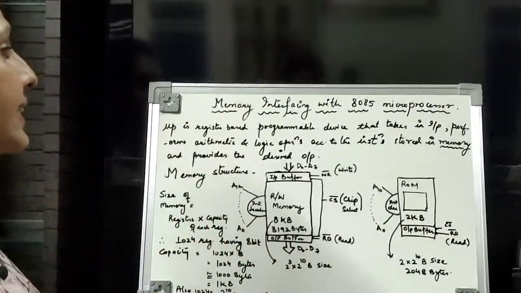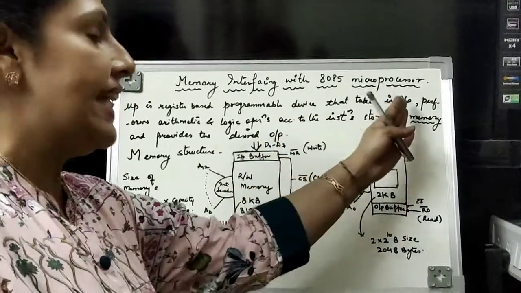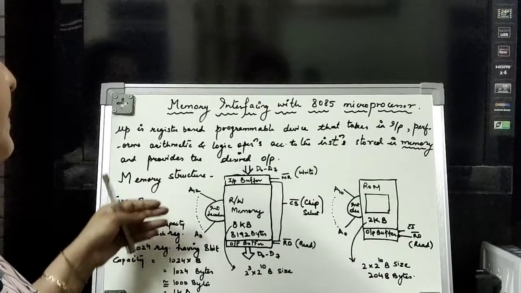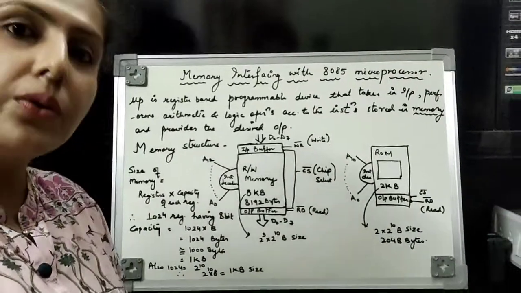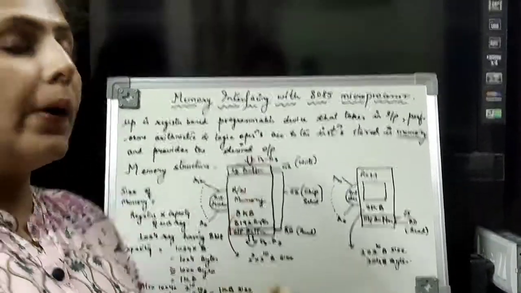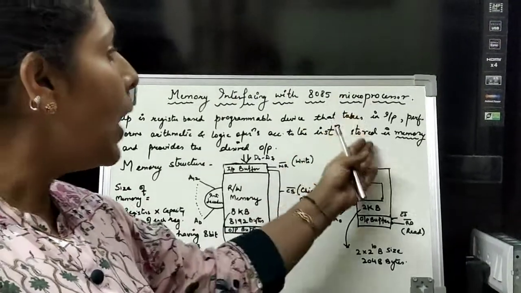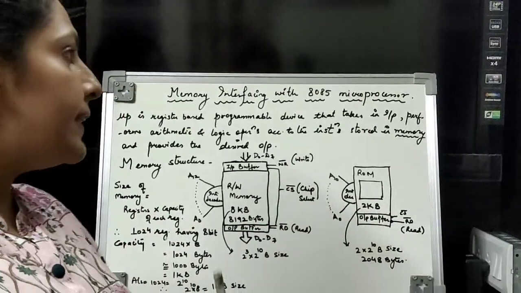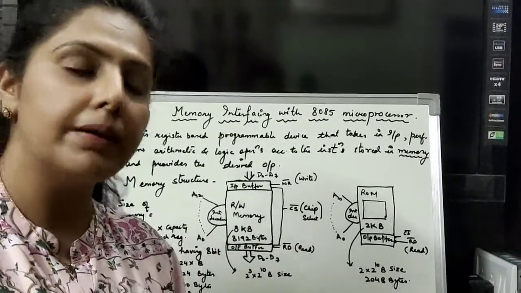Microprocessor is basically a register based programmable device that takes in the inputs, performs arithmetic and logic operations according to the instructions stored in the memory, and provides the desired output. Now here comes the concept of memory. How is memory used here? Basically, the input that comes to the microprocessor is from the memory.